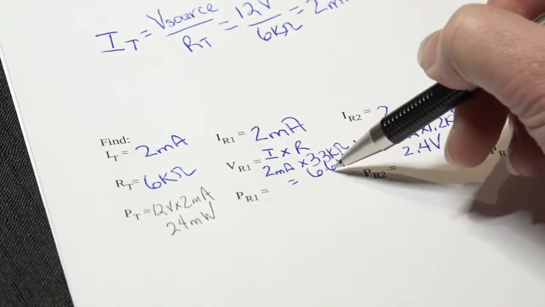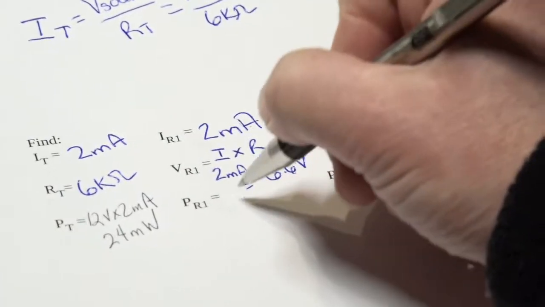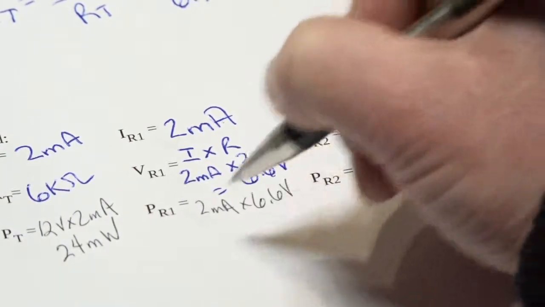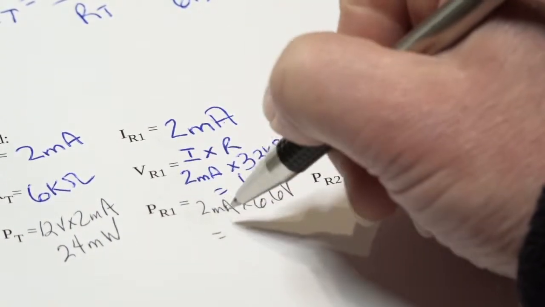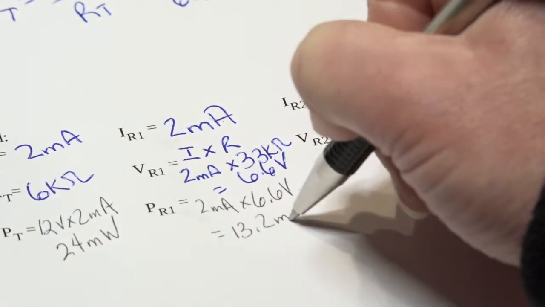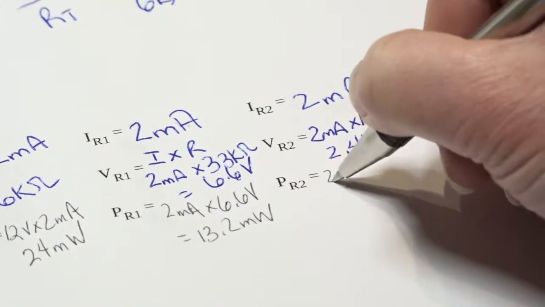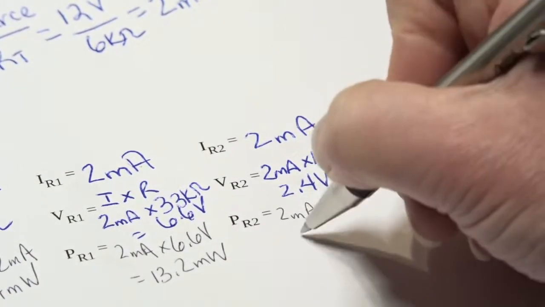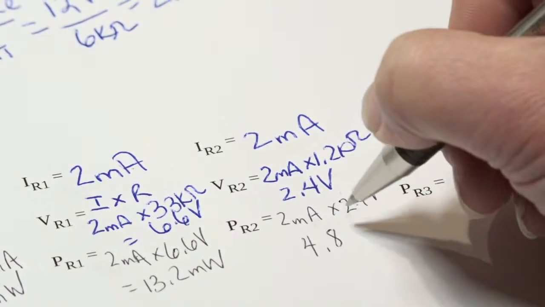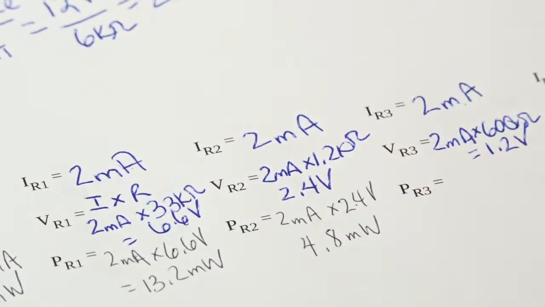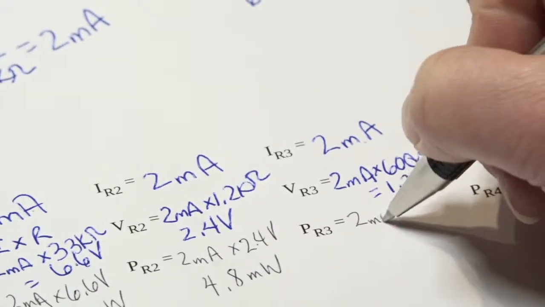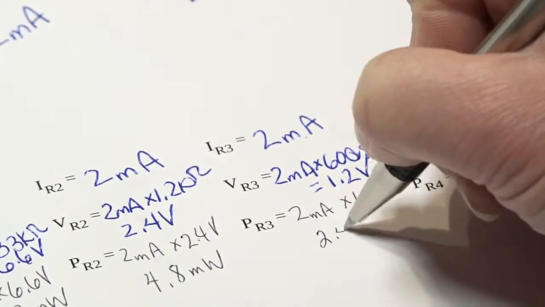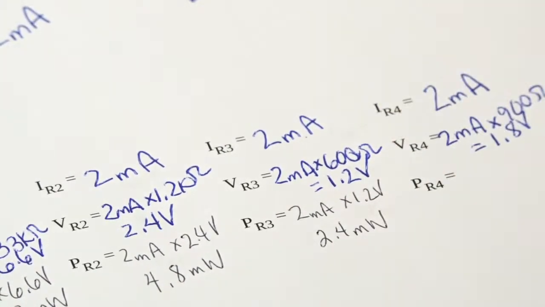And 2 milliamps times 6.6 volts equals 13.2 milliwatts. And 2 milliamps times 2.4 volts gives us 4.8 milliwatts. And 2 milliamps times 1.2 volts gives us 2.4 milliwatts.